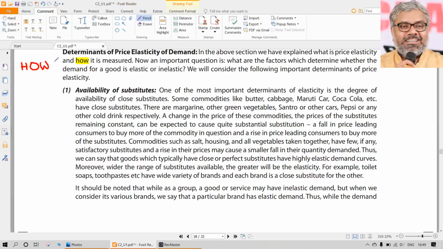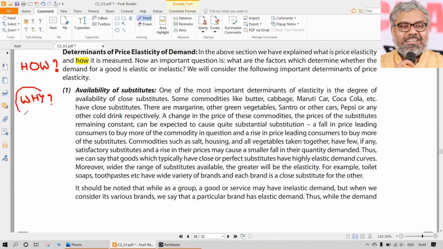Now we are discussing why. In other words, what factors will impact this price elasticity of demand? So we are going to the root causes of the price elasticity of demand.